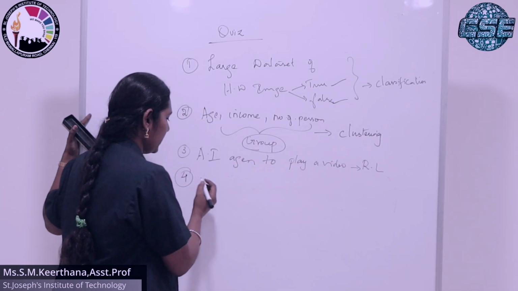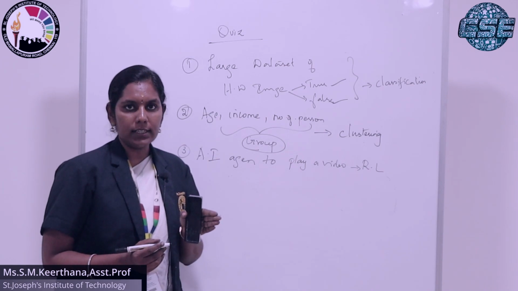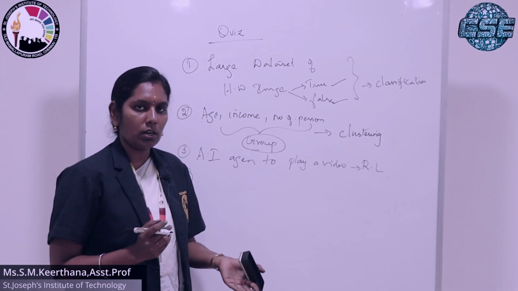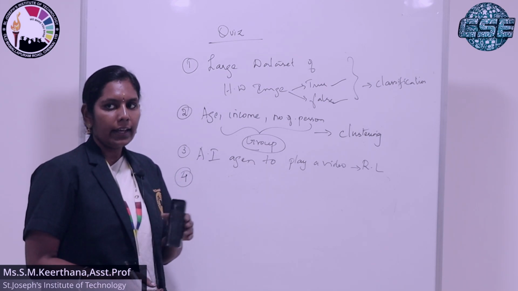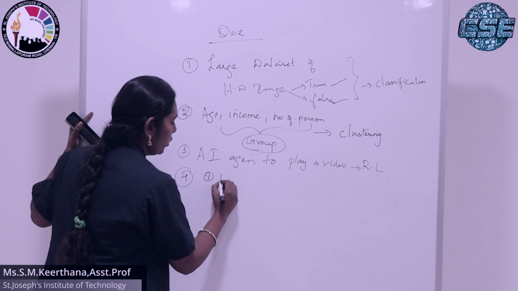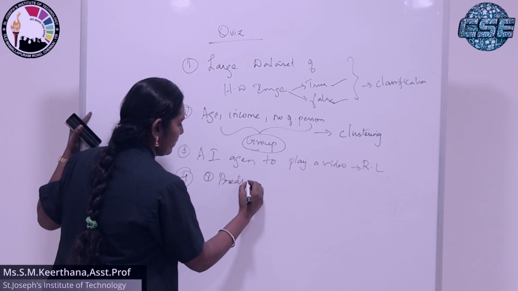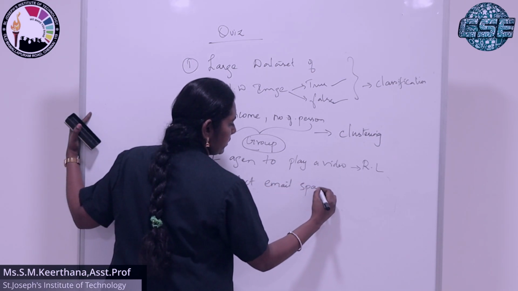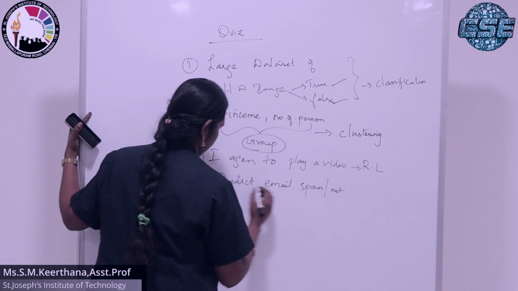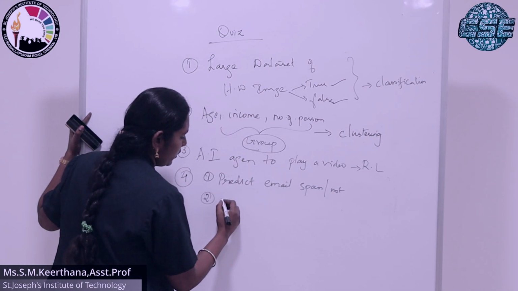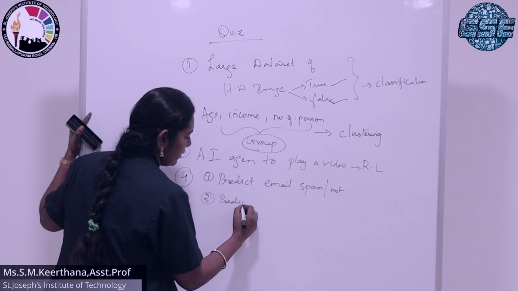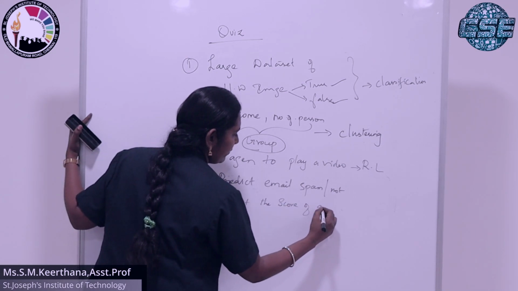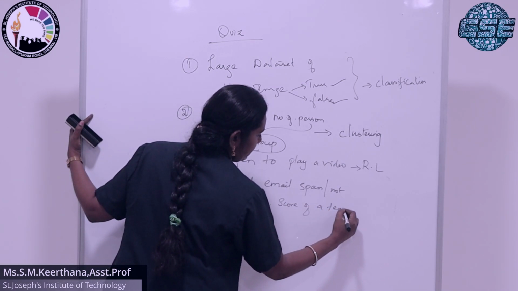And the last question: I will give you 4 choices, and you have to identify which choices fall under the classification approach and which fall under the regression approach. First one, you have to predict whether an email is spam or not. Second, you have to predict the score of a team.